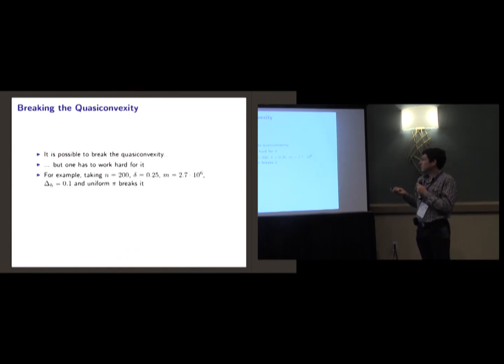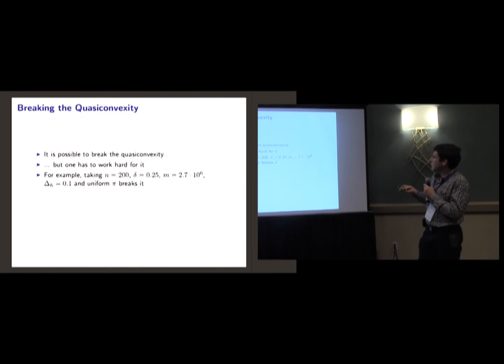If we take 200 samples, delta equals 0.25, and we take exponentially many hypotheses, so 2 million hypotheses, with a suboptimality gap of 0.1 and a uniform prior, then we will get a function that's not strongly quasi-convex.